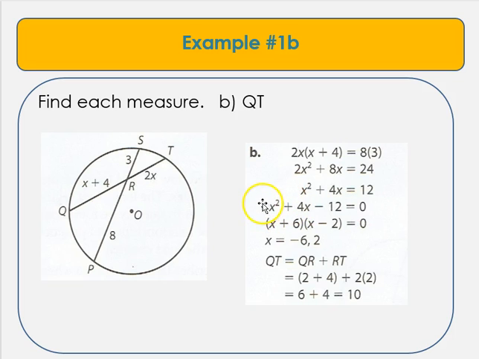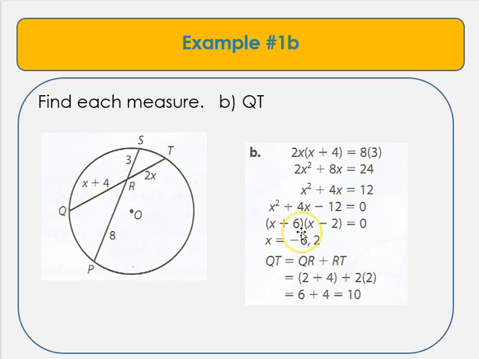From this point, we find factors. We're looking for the factors of 12 that will add to positive 4. The factors of 12 that will add to positive 4 would be 6 and negative 2. Positive 6 and negative 2 equal 4. And we go ahead and set each factor to 0.